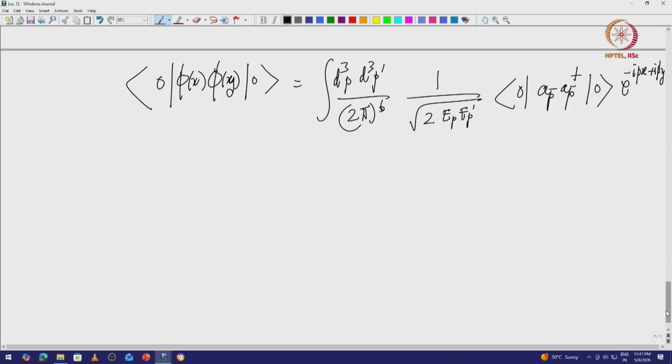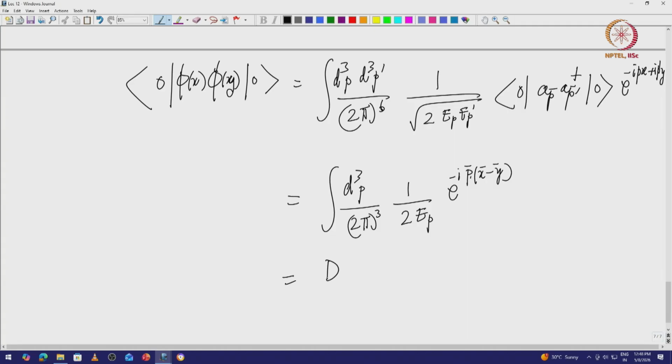You have a_p, a_p prime dagger, you can use the commutation relations, and this will end up being d cube p over (2 pi) cube, 1 by 2 E_p, and then e power minus i p (x minus y). This function is called D of x minus y.